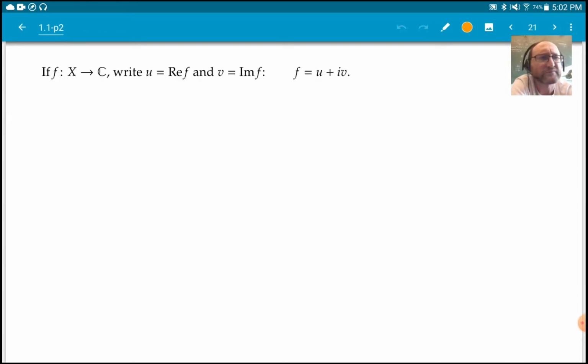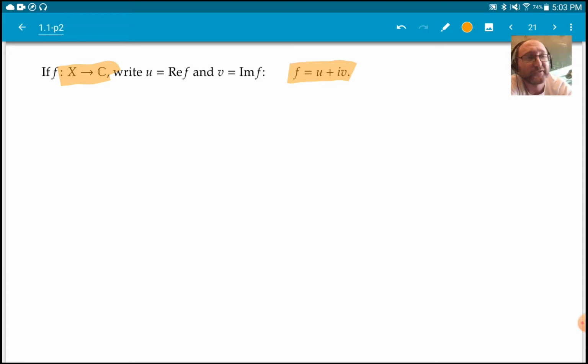All right, so let's look at complex valued functions. If I have a function from any set X, I could write it in Cartesian form. If it's complex valued, I could have u plus iv, where u and v are real valued functions. So it's really just two real valued functions.